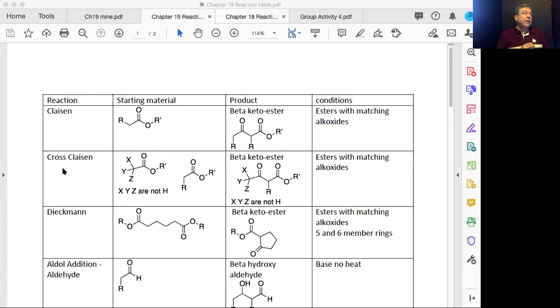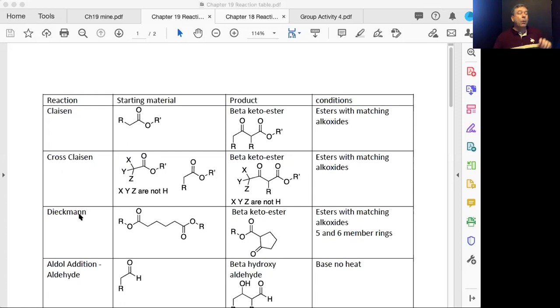Okay, so there are some ways that you can do it, like when we do aldols, there are opportunities to use other carbonyl compounds other than aldehydes and ketones. And we call those acylations because usually we have chloride as a leaving group. But in the Claisen, it's always esters. And our product is always a beta keto ester. Okay.